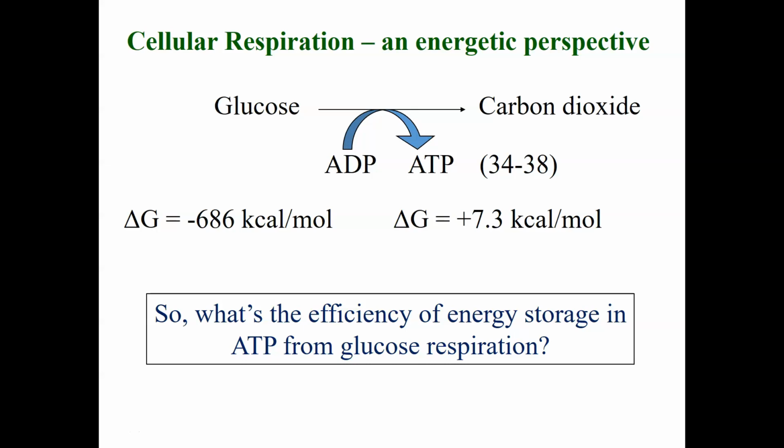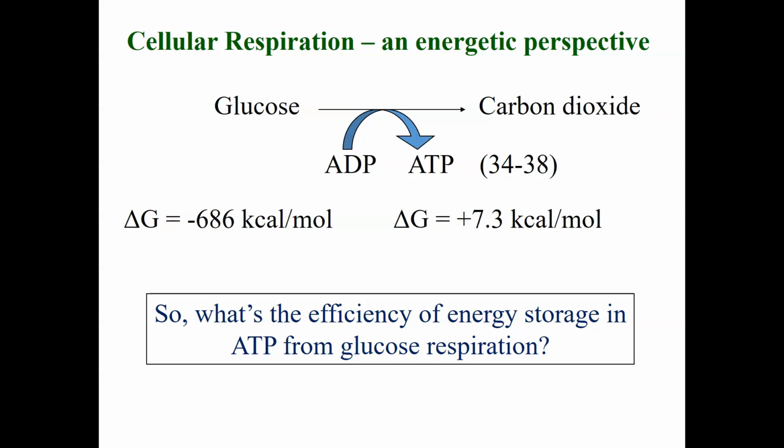If we can transfer some of that chemical energy from glucose, from those carbon-carbon and carbon-hydrogen bonds, to another chemical, namely ATP, then we can efficiently store some of the energy that would have been lost from the breakdown of glucose.